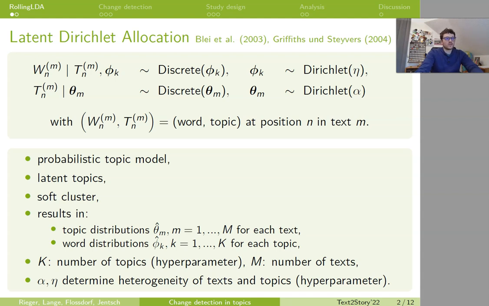In addition to the number of latent topics, the user must set the Dirichlet parameters alpha and eta, which control the shape of the distribution for texts and topics. So their larger values result in approximately uniform distributions, while smaller values lead to fewer topics occurring very frequently, or analogously to fewer words representing one topic.